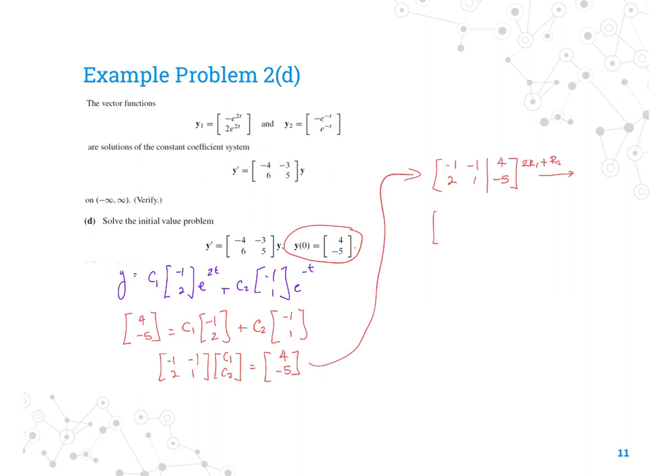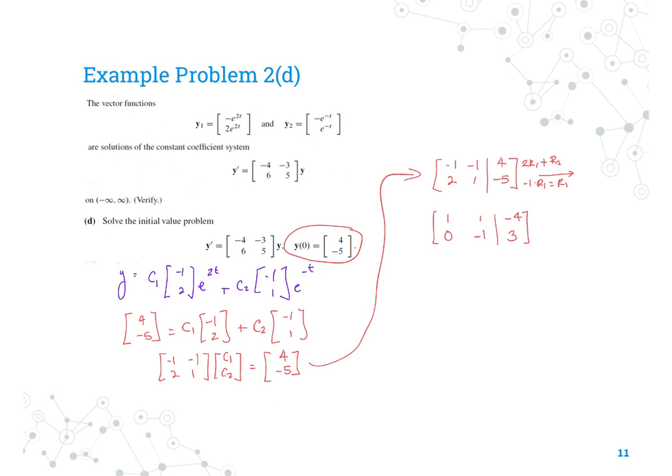And then negative 1 times row 1 is our new row 1, so we end up with 1, 1, and negative 4. 2 times negative 1 is negative 2, plus 2 is 0. 2 times negative 1 is negative 2, plus 1 is negative 1. 2 times 4 is 8, plus negative 5 gives me 3.